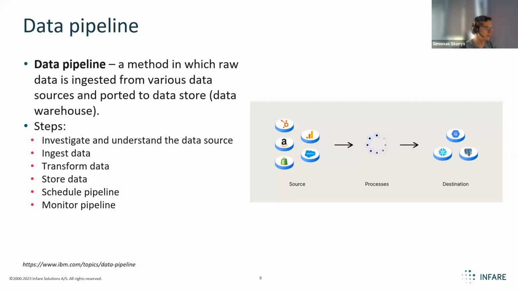In our company, we have, I would say, a medium-sized data warehouse, and we have around 80 or 90 data pipelines that every day send data to our data warehouse. And what are the steps of a data pipeline? First of all, we need to investigate and understand the data source that we'll be working with.